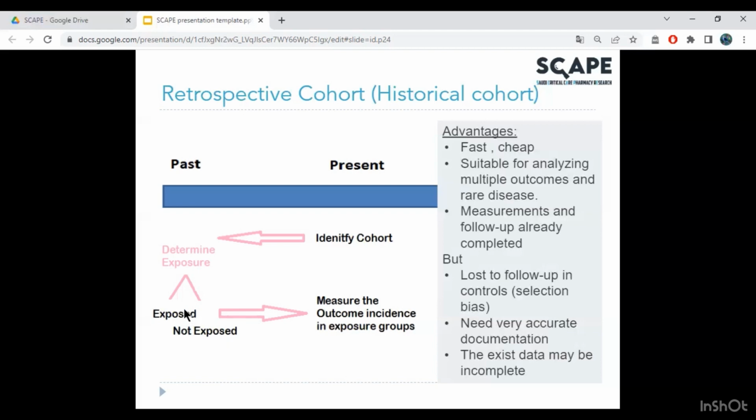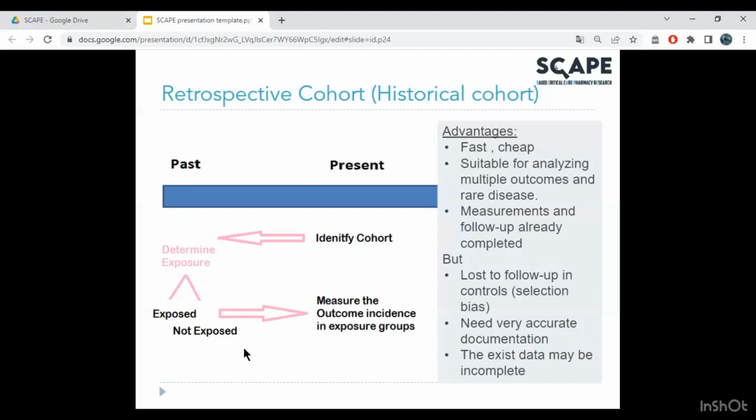So you will find more doctor visits, more labs, more x-rays in the exposed group. On the other hand, you will not find similar frequency of labs or doctor visits in the non-exposed group, because this is the nature of medical care.